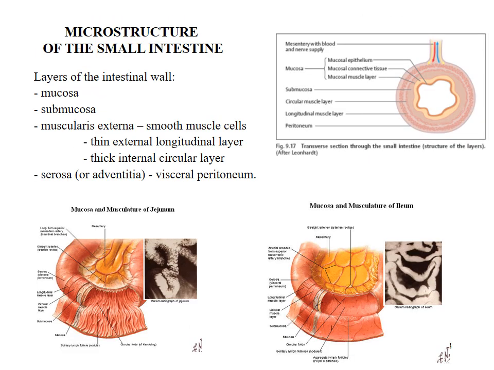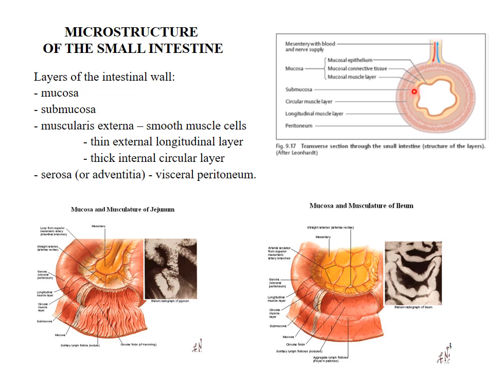Wall of the small intestine consists of 4 layers. First is the mucosa, the innermost layer, which lines the lumen of the small intestine.